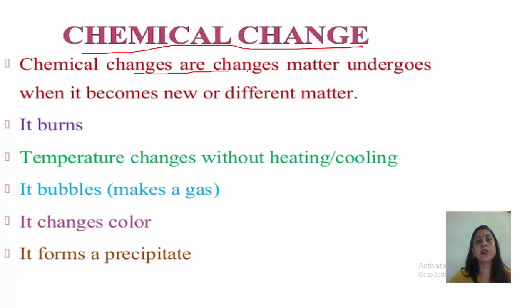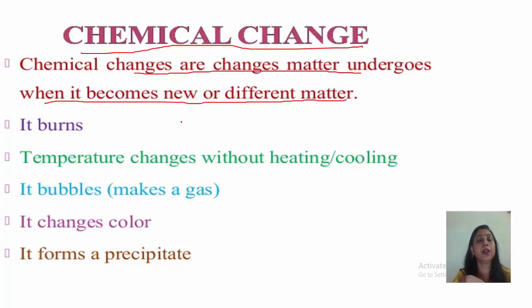Chemical changes are changes in which matter undergoes when it becomes new or different matter. Jaise in physical change we took example of tearing of paper. Paper phada humne, paper hi raha after tearing also. But if we burn this paper, then it will be a chemical change because it totally becomes a new or different matter.